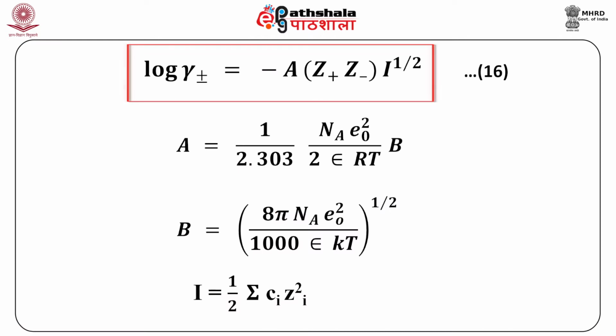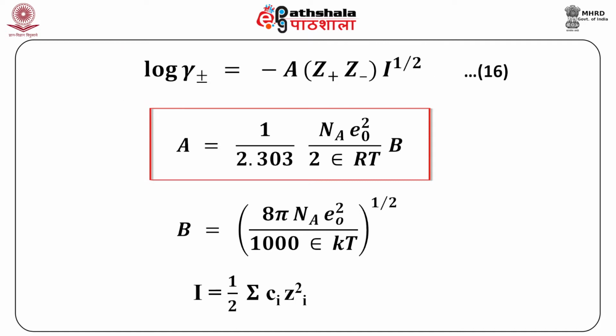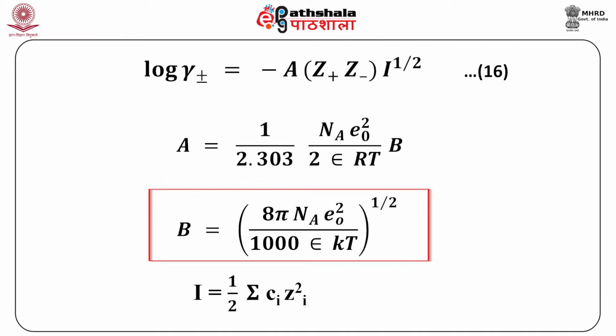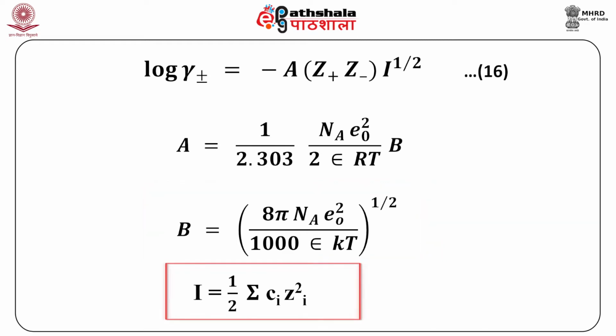That is, log γ± equals minus A Z+ Z− root I. This is our equation 16, where A equals 1 upon 2.303 into Na e0² B divided by 2εRT, and B is given by (8π Na e0² upon 1000 εkT) to the power 1/2. I is the ionic strength, equal to half the summation Ci Zi².